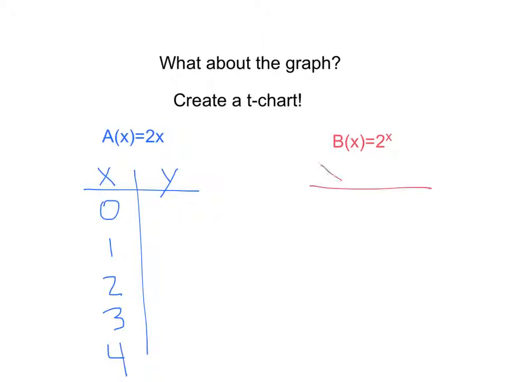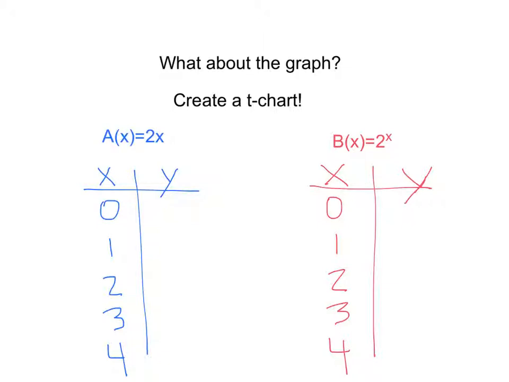For b of x, I'm going to look at those same values, 0, 1, 2, 3, and 4. We've already determined what x of 1, 2, 3, and 4 are for both of these equations when we looked at our previous T-chart. So I'm really only going to have to calculate x of 0 for both values.